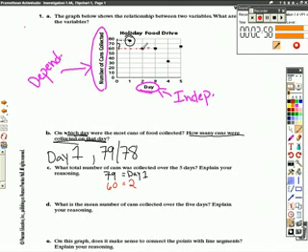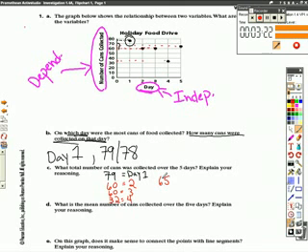Day 3 is the same thing, 60 for day 3. Day 4 is looking at about 32. And day 5 is looking at about 65.